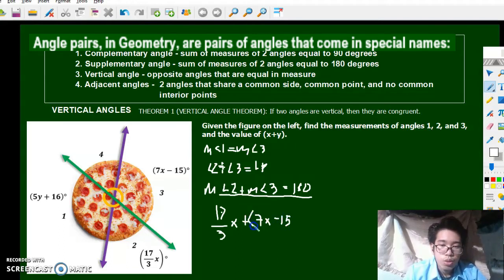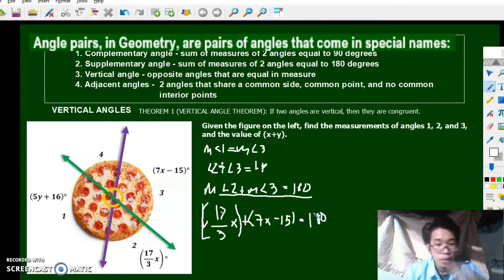That must be equal to 180 degrees. We can equate these algebraic expressions and find an answer because they only have one variable, which is x. So there we can solve this problem.